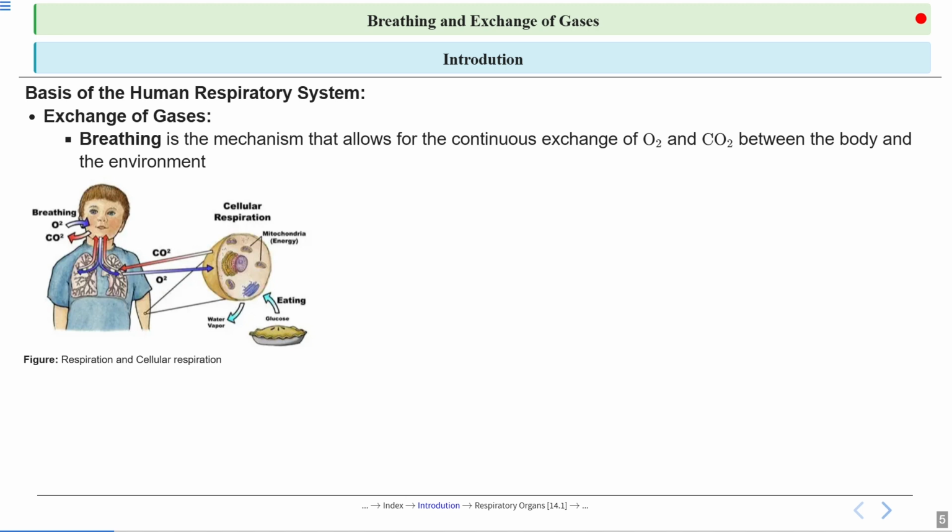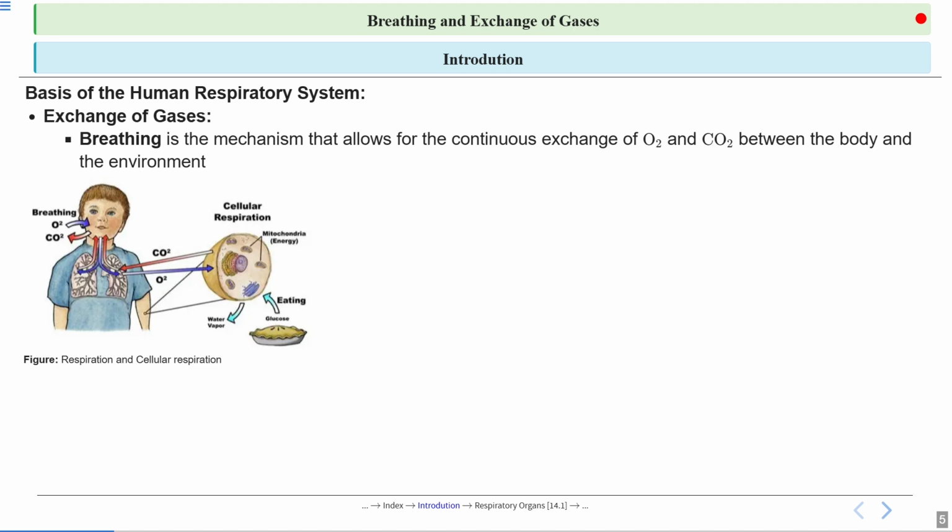In respiration, the respiratory substrates, such as glucose, fats, or lipids, are broken down in the presence of oxygen to release energy. In this process, carbon dioxide is also released, and this carbon dioxide is then exhaled out through the mouth or the nose.